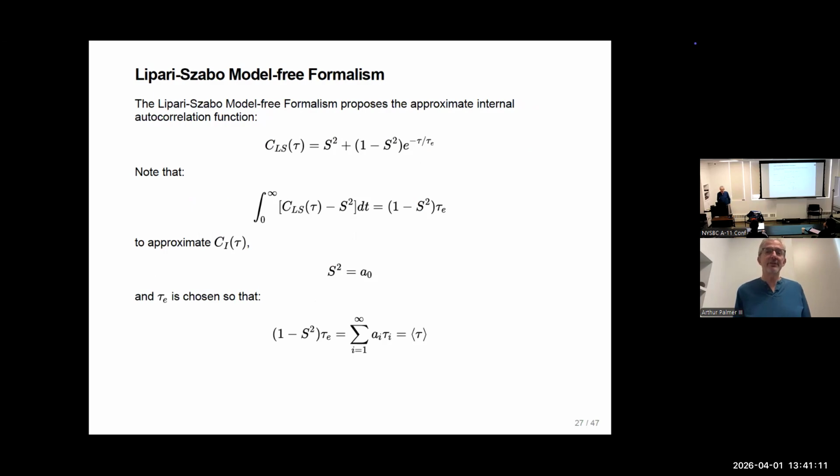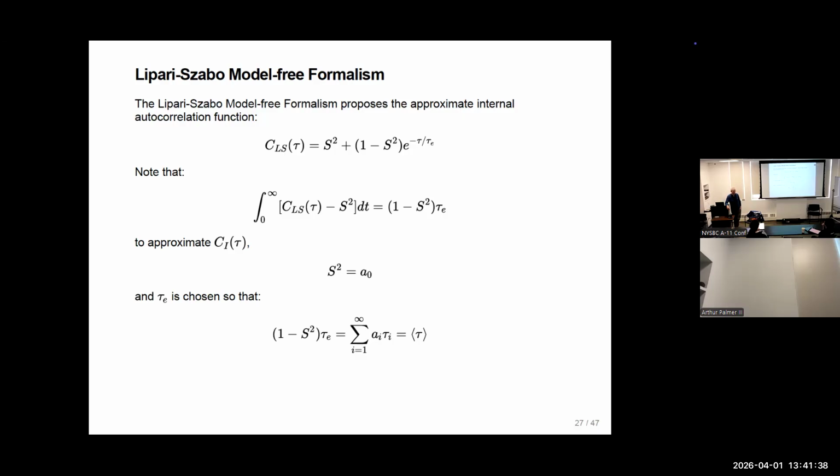So the most famous approximation was to say, let's just approximate this complicated set of exponentials by a single exponential. And you might have thought, since all I ever do is talk about Taylor series approximations, that we should approximate this using a Taylor series approximation.